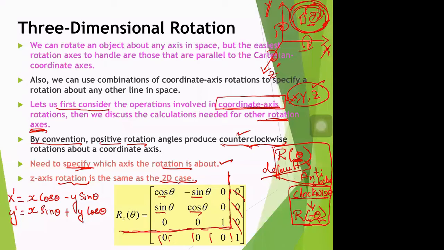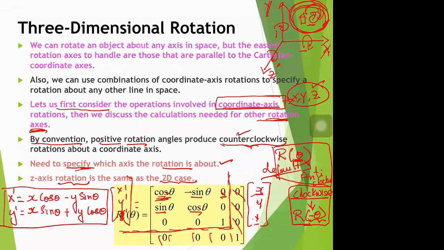If this matrix gets multiplied with X, Y, and 1, homogeneous, we get X cos theta minus Y sin theta, then X sin theta plus Y cos theta, plus 0 into 1 which is 0. So this is what we got. You remember this? Fine.